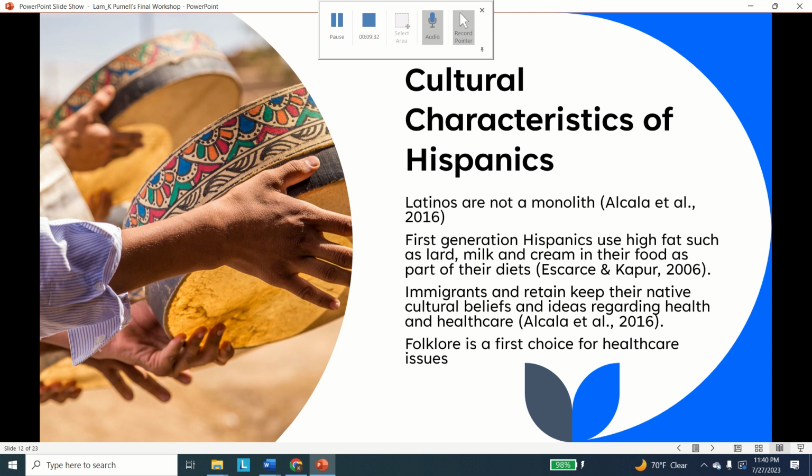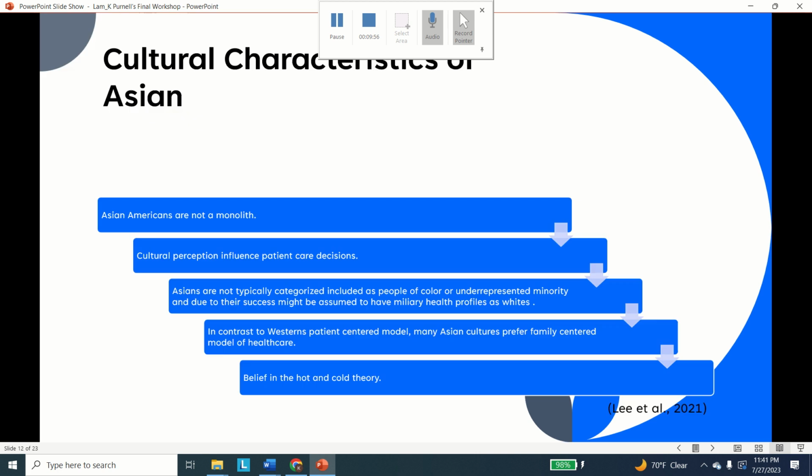So using Purnell, you can assess how deep their cultural ties are, to assess how likely they are to keep their cultural beliefs, and that way you can find out how you can incorporate your care and their cultural beliefs at the same time.